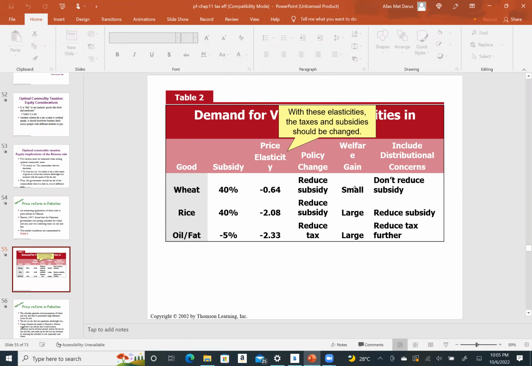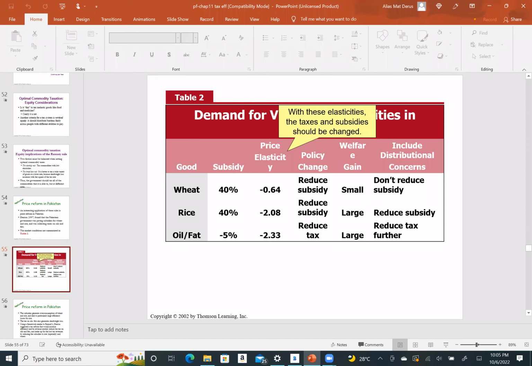Okay, and then welfare gain, small, large. Then what happened if I include the distributional concern, that means the equity concern? Then this is the new policy recommendation.